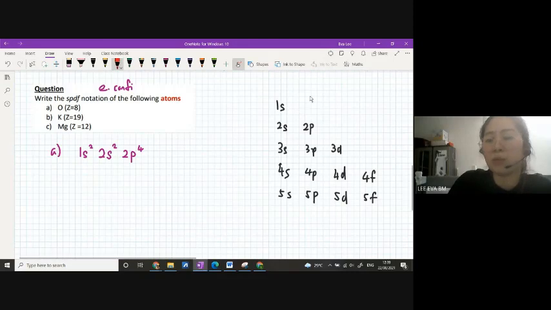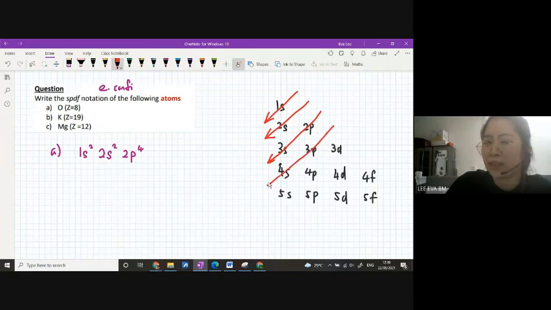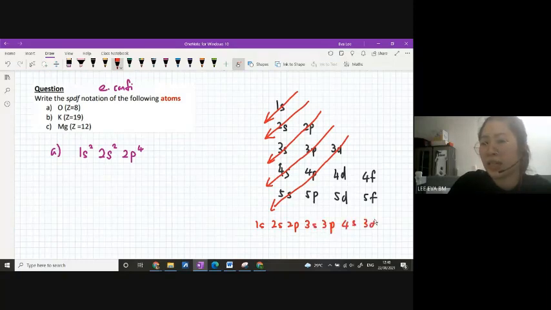To do the raindrops, start with 1s, followed by 2s, followed by 2p, 3s, followed by 3p, 4s. Then only we come to 3d, 4p, 5s. For the rest, continue your own diagram. So over here: 1s, 2s, 2p, 3s, 3p, 4s, 3d, 4p, and so on.